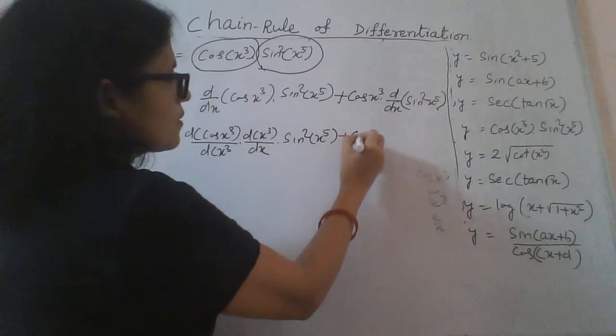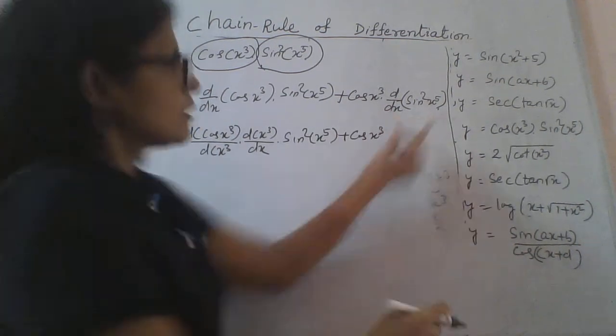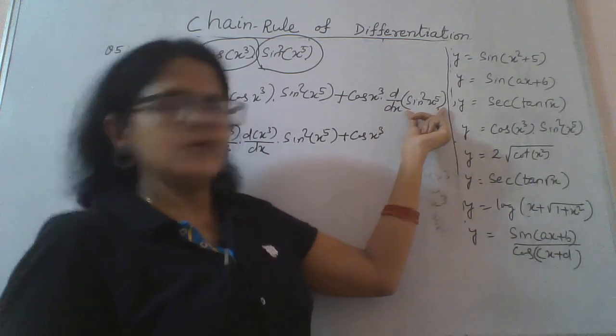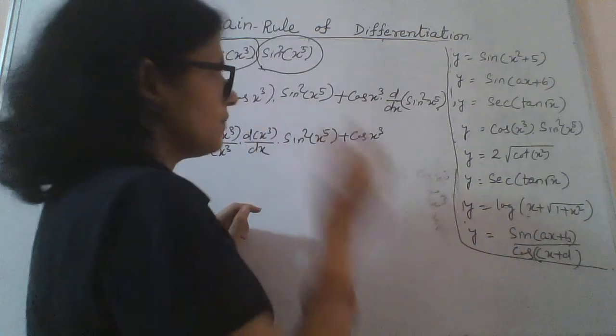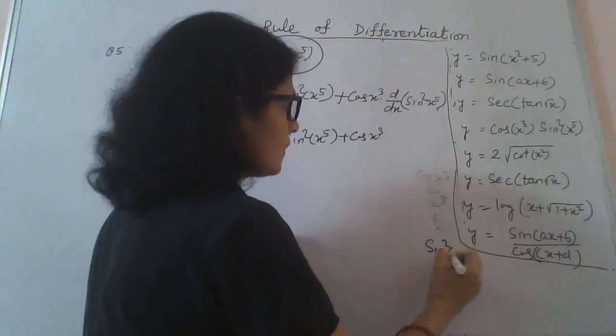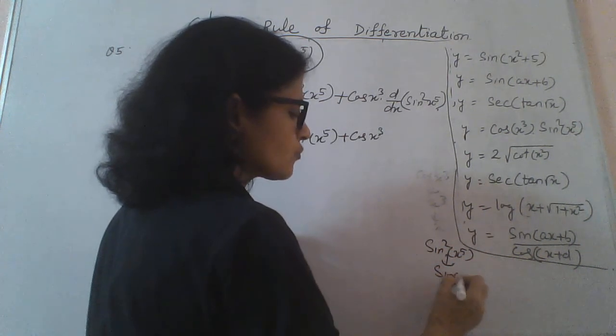Now see cos x cube, now you have to see d by dx of sin square x to the power 5. Here, sin square x to the power 5 is first linked to sin x to the power 5.